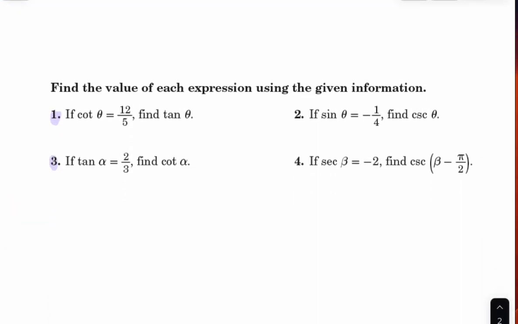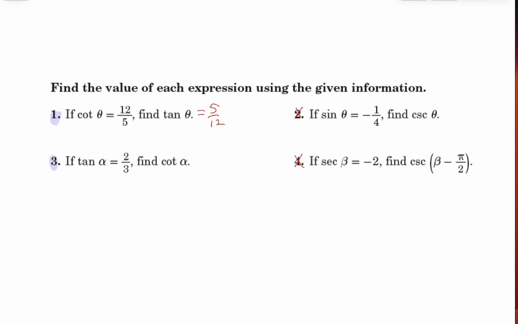So let's start out with number 1. It says find the value of each expression using the given information. So all this does is use the reciprocal identities. So number 1, if the cotangent is 12 over 5, then the tangent is 5 over 12.